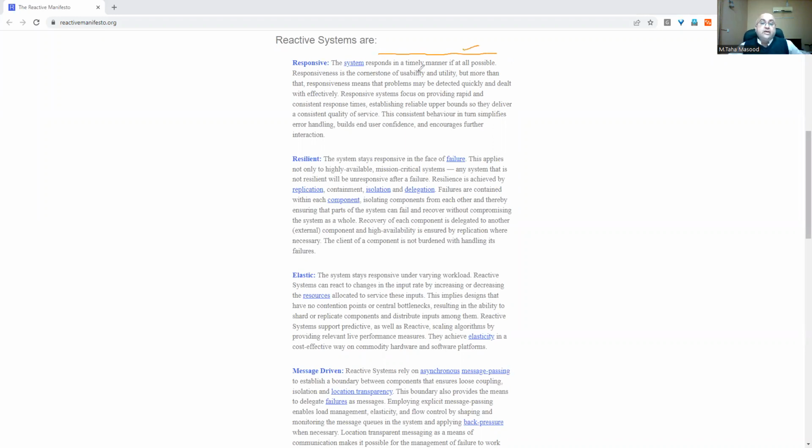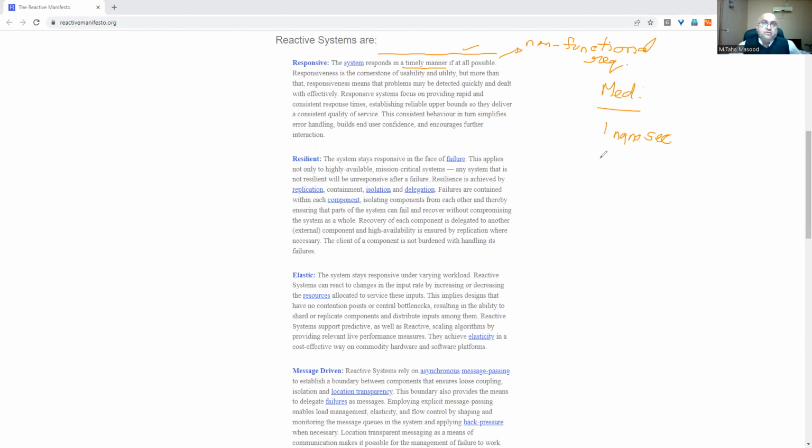Fair enough. So that timely manner, of course, depends. So this is a non-functional attribute. Timely for one software might not be the same for another. So this is a non-functional requirement. For example, for a medical software, maybe 1 nanosecond is the time that is timely.